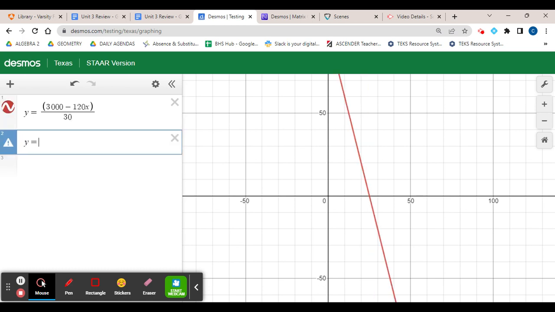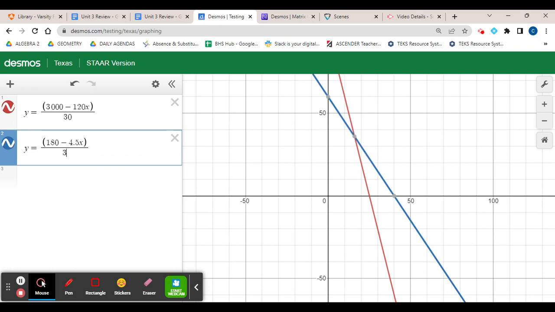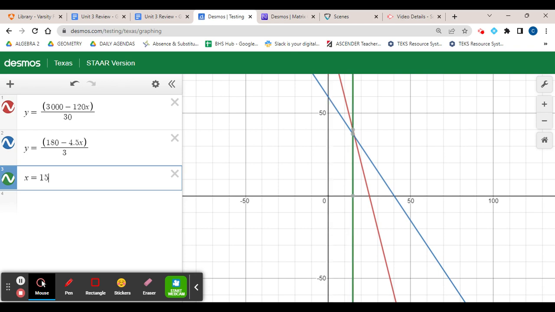And then our next one's going to be y equals 180 minus 4.5x over 3. All right. And we also know we're going to have a meet in here. So x equals 15.